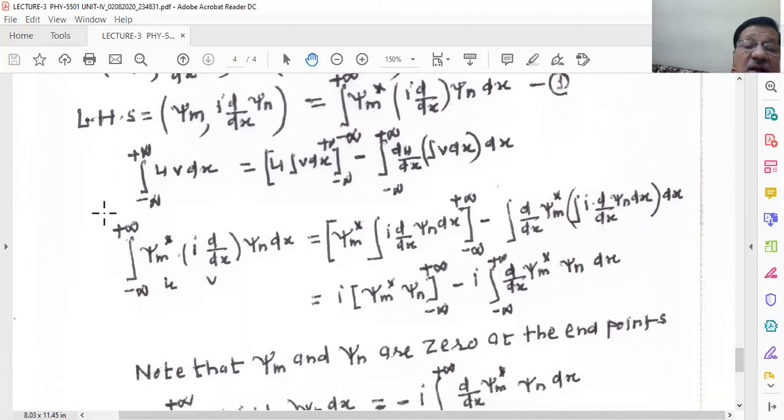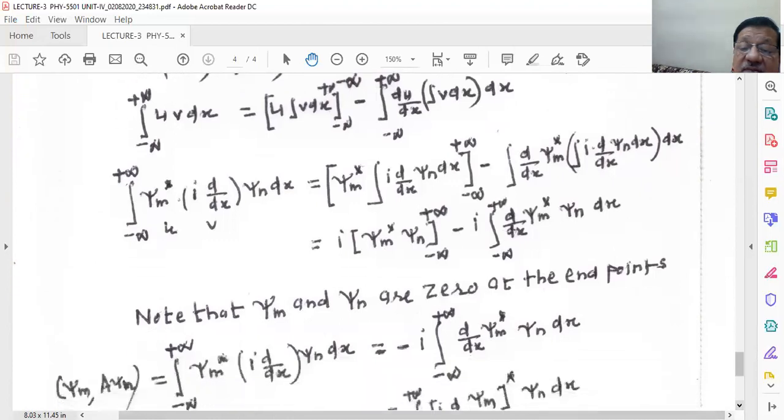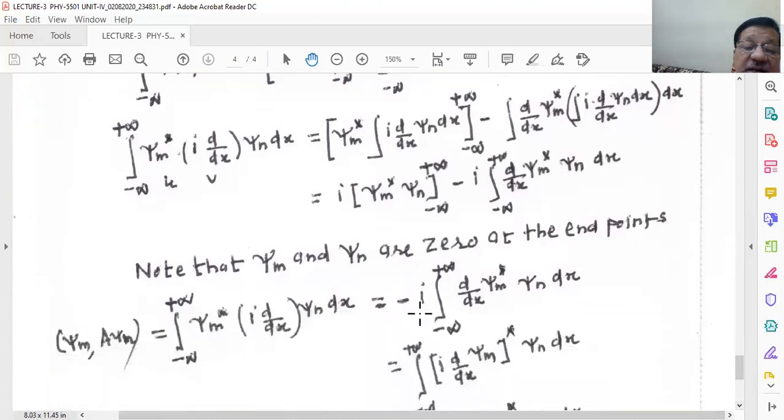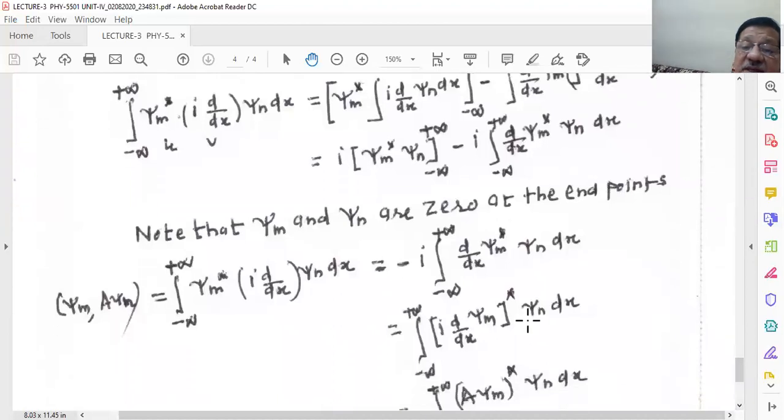So your left hand side is replaced by the right hand side. The left hand side is nothing but psi m, A psi n. Now I arrange it mathematically. I can apply the trick because the complex conjugate of i is minus i.